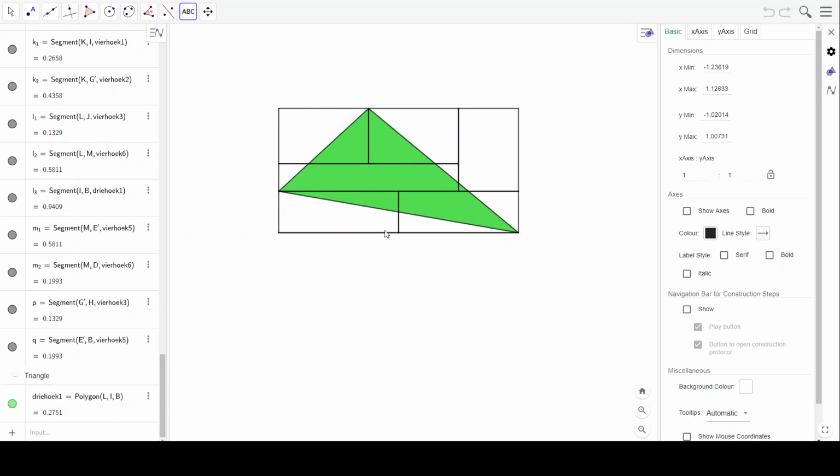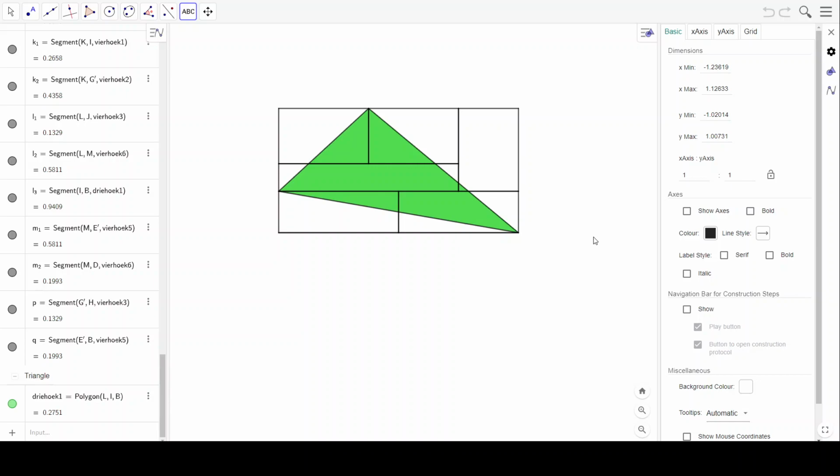The question is: the green triangle going from these vertices, what fraction of the total rectangle's area does it cover?